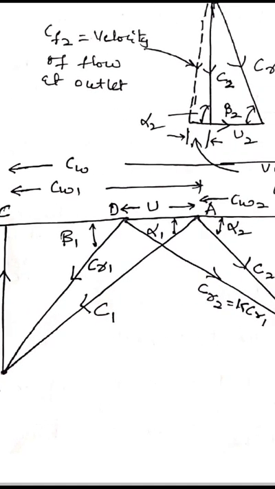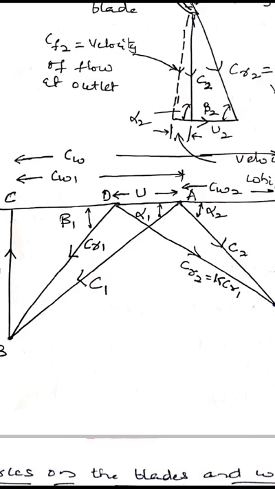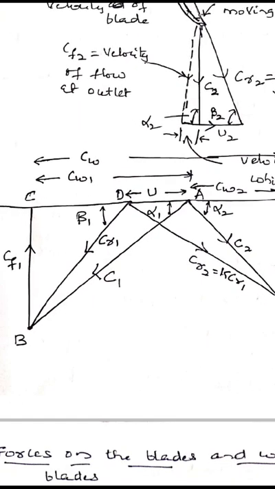Now, I will explain how to draw the velocity diagram. At A, draw a line AB at an angle of alpha 1 and mark AB equal to C1, the absolute velocity of steam at inlet. Then join BD, which gives CR1.